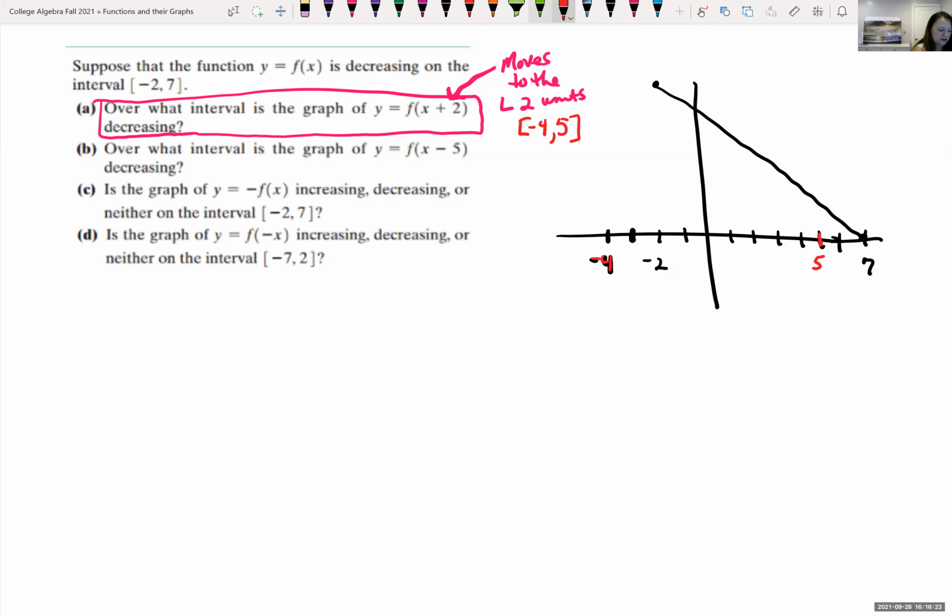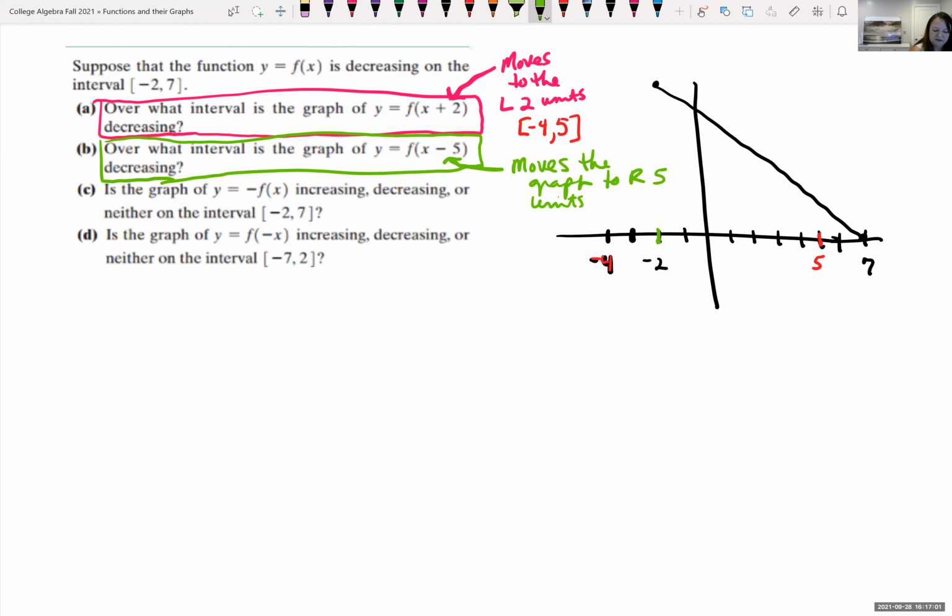Okay, so the next question says, looking at, again, decreasing from -2 to 7, what interval would the graph of y equals f of x minus 5 be decreasing? Well, that -5 is inside, so this tells me this moves the graph to the right 5 units.